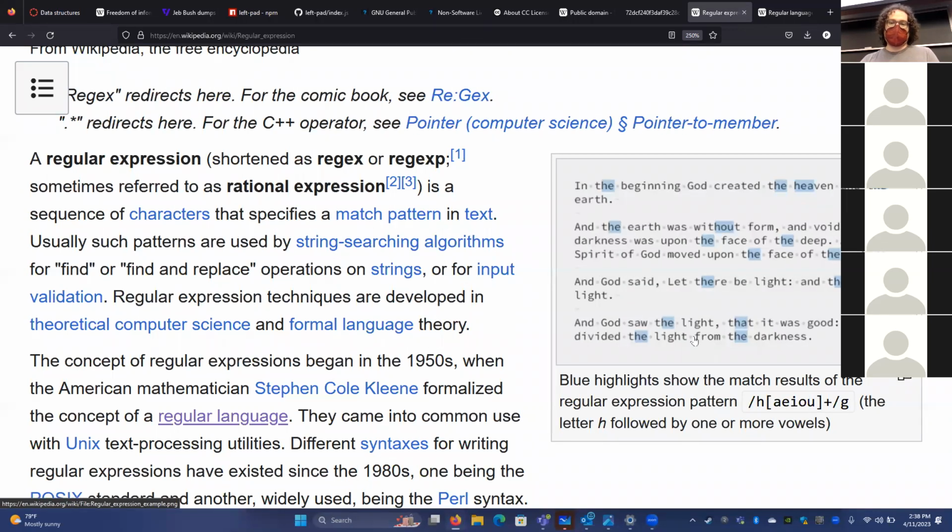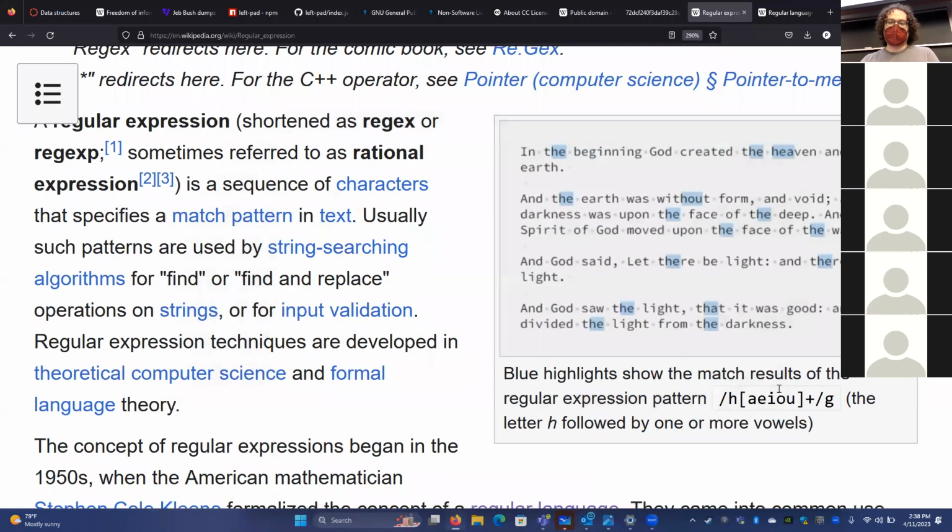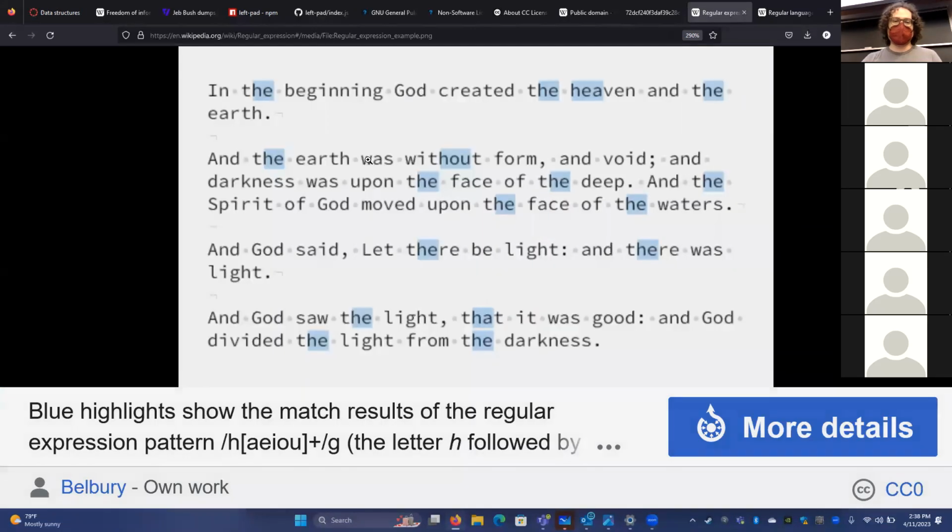So here is a pretty good example. There's a regular expression here from Genesis, in a document, specifically the first lines of Genesis. Here we have the regular expression that's being used: H, bracket A-E-I-O-U, plus. What does this do?